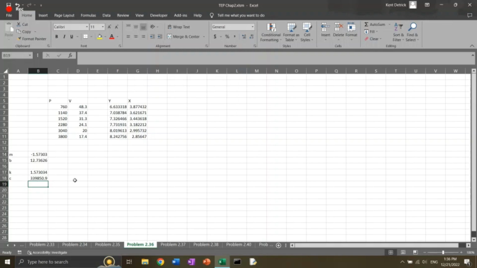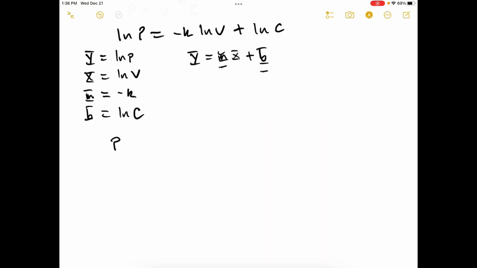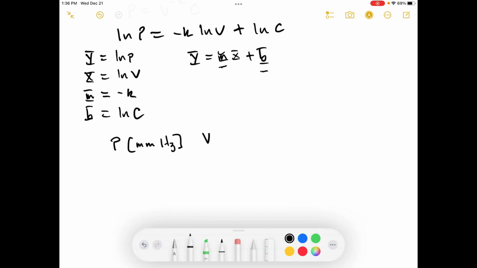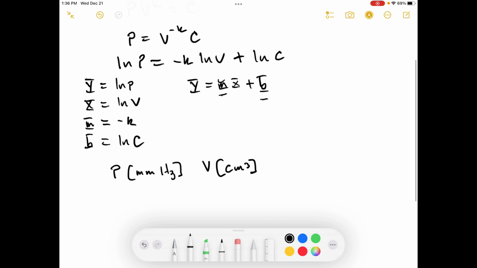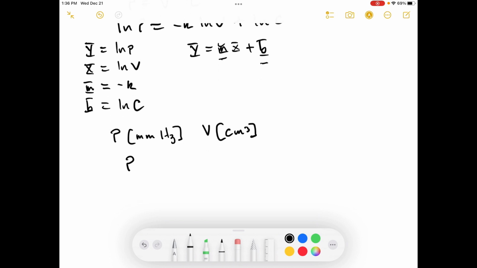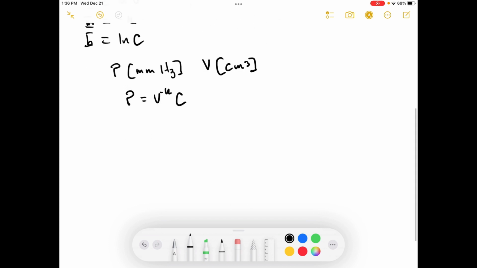So P is in millimeters of mercury, and V is in centimeters cubed. If our function looks like P equals V to the minus K times C, then this term needs to have units of millimeters of mercury.